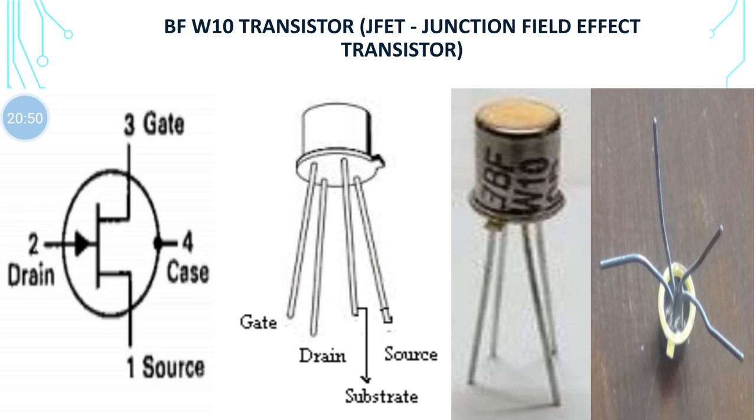An additional one is shown over here, that is the substrate, which is used for grounding purposes. The terminal next to the notch is the source, then comes the drain, then the gate, and the substrate.